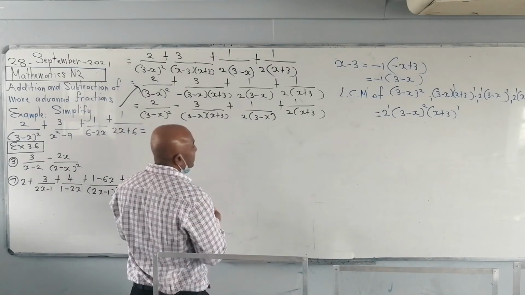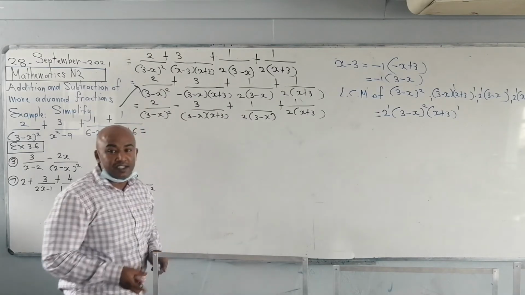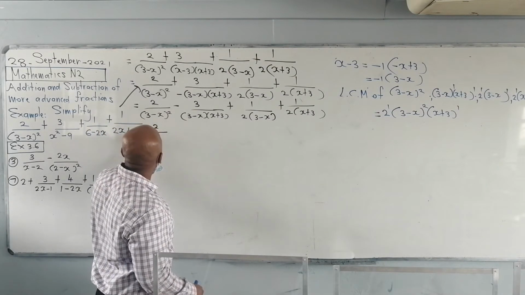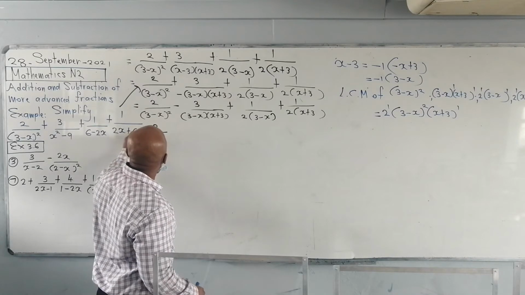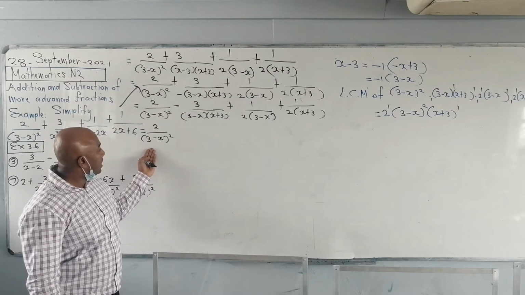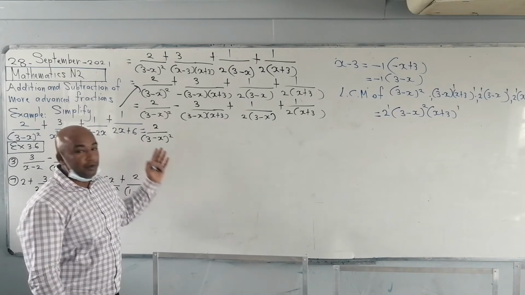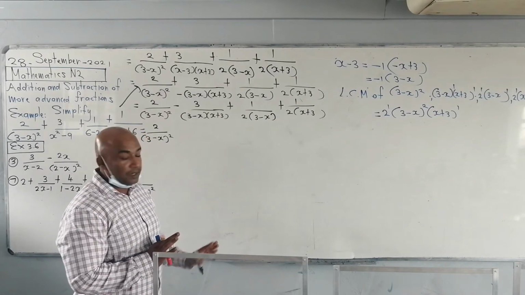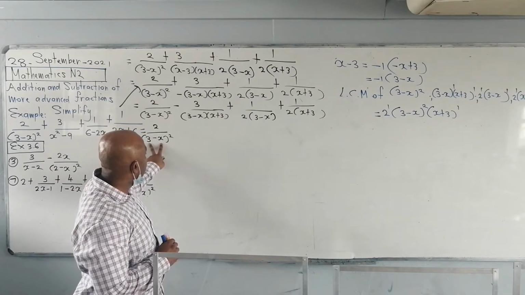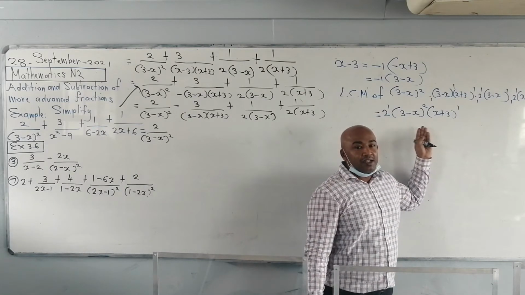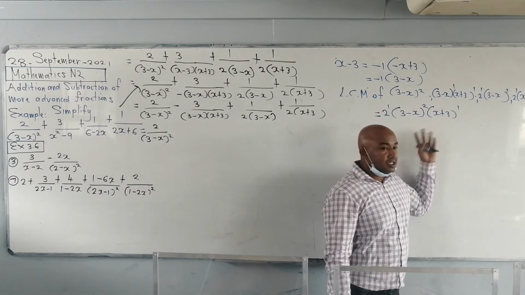Now, we go back and we're going to start writing equivalent fractions. So I got my 2 over 3 minus x all squared. Check. Now this denominator, I'm going to do one by one here, the proper way to do it. Right, no skipping any steps here. So this denominator, compare it to the lowest common multiple, in other words, this is now the LCD.